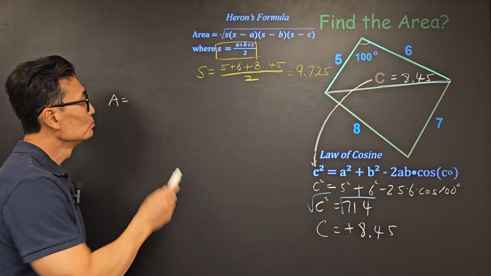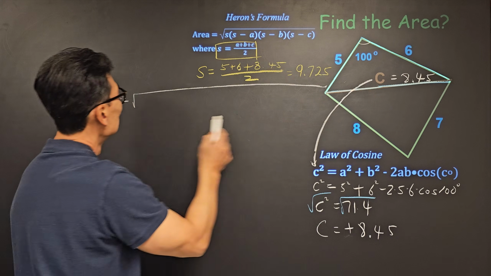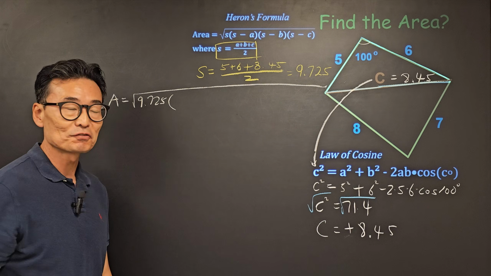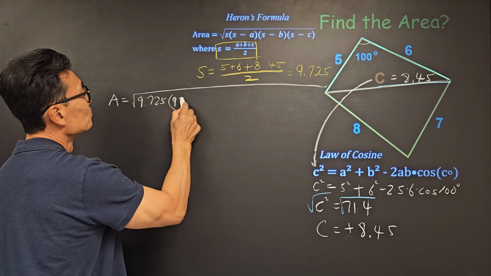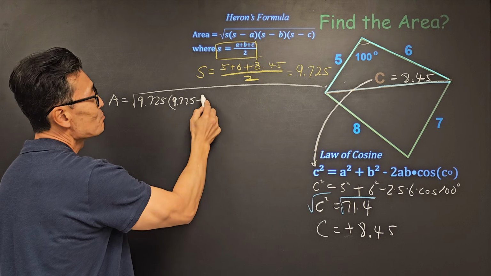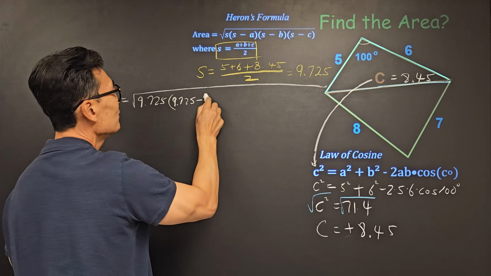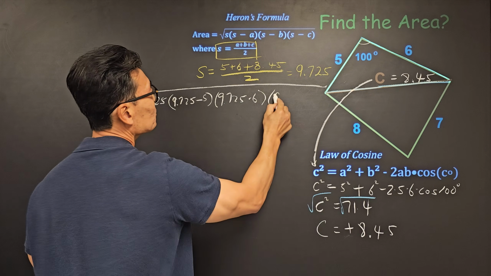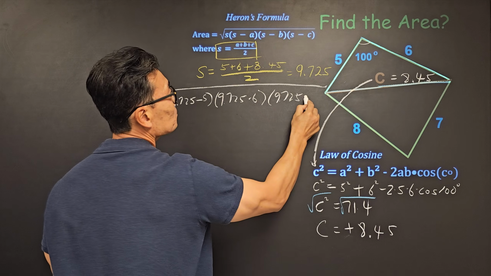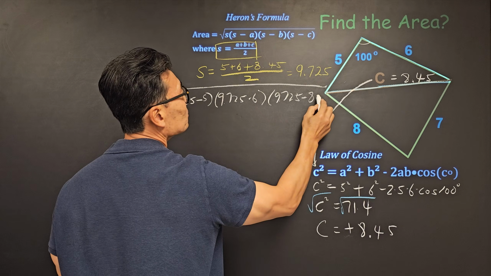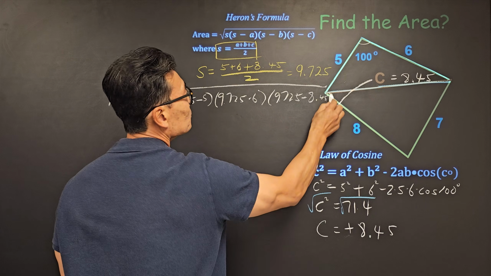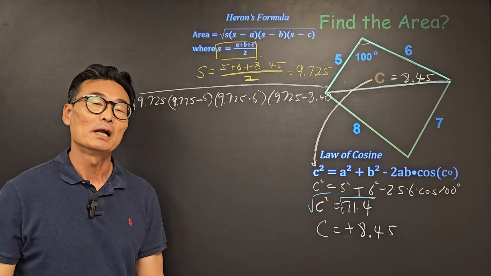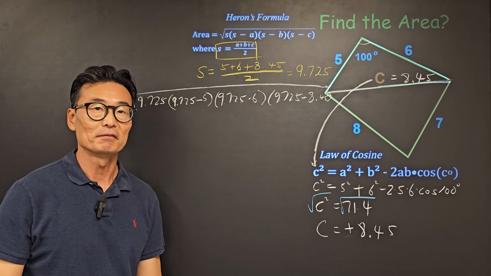Area will equal the square root of 9.725, the S that we just found, times 9.725 minus A, which will be 5, times 9.725 minus B, and then lastly 9.725 minus C, or 8.45.